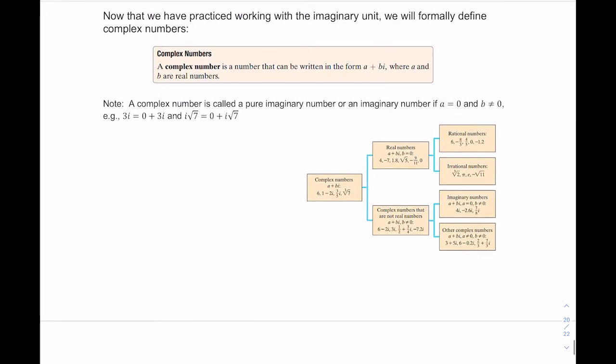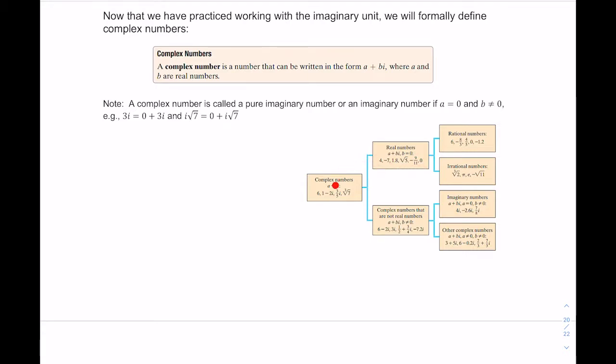So as we talked about earlier, we're dealing with the complex number system, which we said is made up of the real numbers and the imaginary numbers. Okay, so they would be complex numbers that are not real. Complex numbers can be written in the form a plus bi. So the numbers we're familiar with, that we've been working with since we were really young, they're all real numbers.